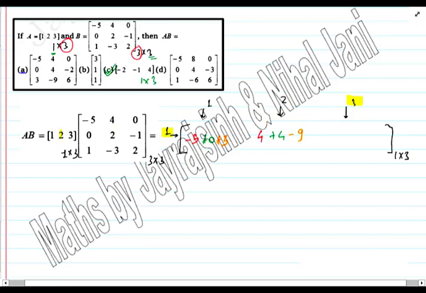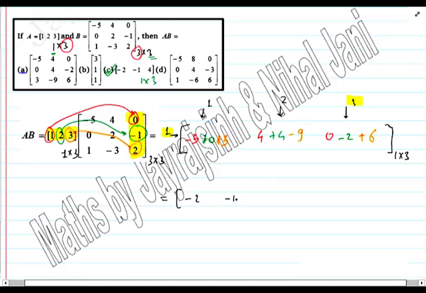So let's select first row and third column and multiply 1 with 0, 0, 2 with minus 2, 1 will give us minus 2, and 3 into plus 2 will give us plus 2, plus 6. So finally our answer is minus 2, minus 1, 4, the order of 1 cross 3, which we already predicted, right? Ta-da!